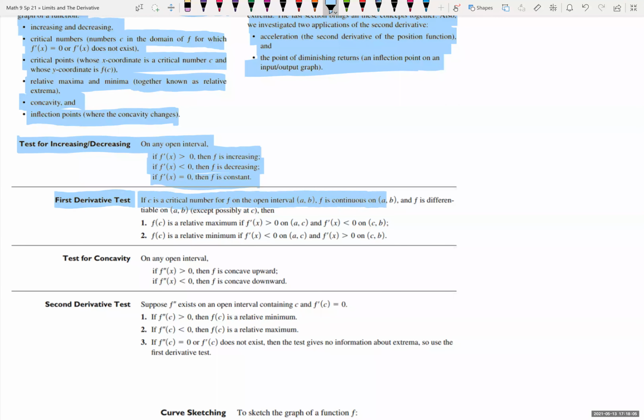We have to know that f is continuous on that open interval AB and f is differentiable on AB, except possibly C. So we say that f of C is a relative max if we first have something where the derivative is greater than 0, so increasing on AC, and then after that we have something which is less than 0, meaning it's decreasing. So something that goes from increasing to decreasing, you can tell that this is a max.